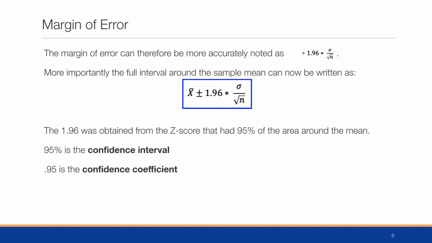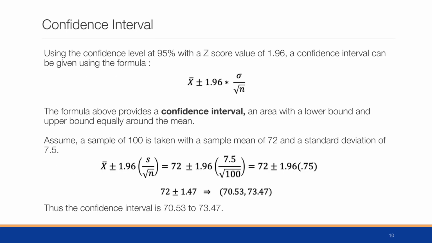The 1.96 again is obtained from the z-score that had a 95% area around the mean. 95% is the confidence level, 0.95 is the confidence coefficient. Using the confidence level at 95% with a z-score value of 1.96, a confidence interval can be given using the formula, as we said, X bar plus or minus 1.96 times sigma over the square root of n.